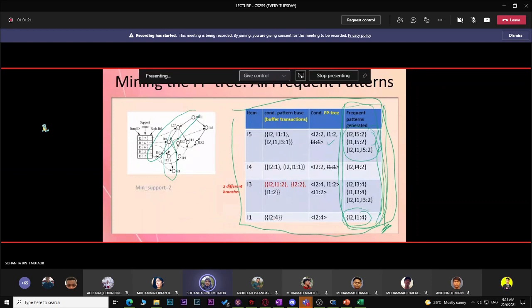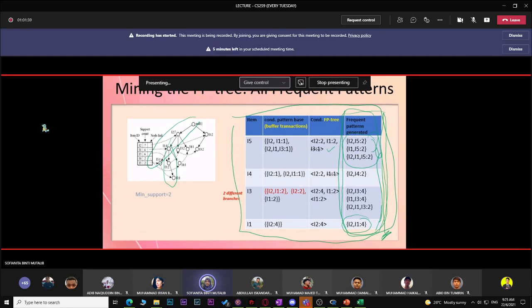So the idea is that at the end, if you compare the output of apriori and the output of frequent pattern growth, what do you think you will get? Is there any difference or any similarity in the output of frequent patterns from FP growth and from apriori?